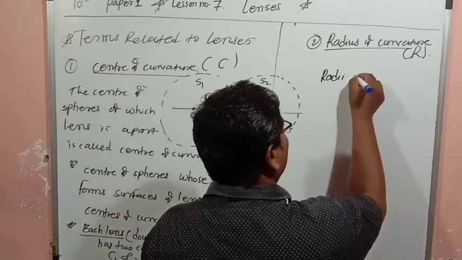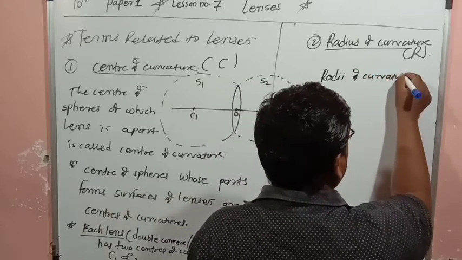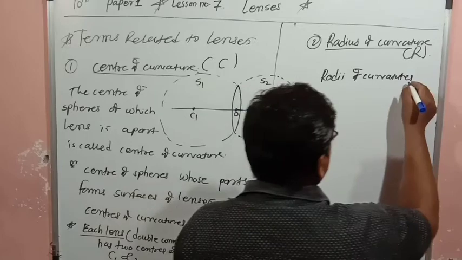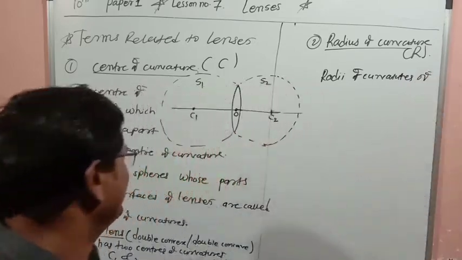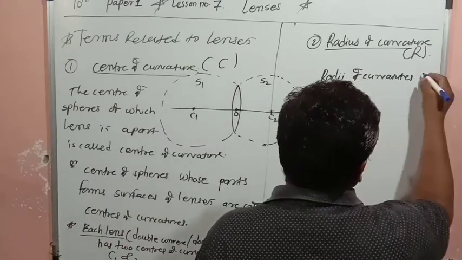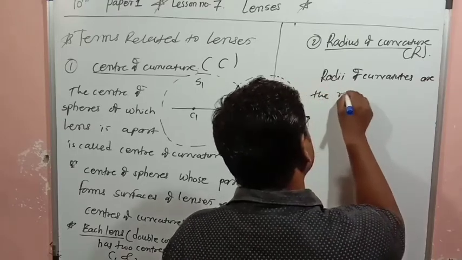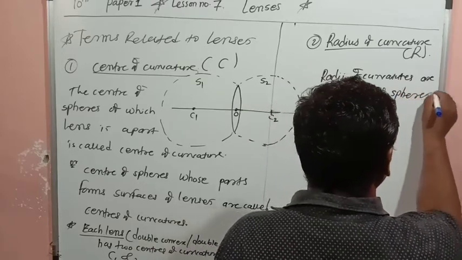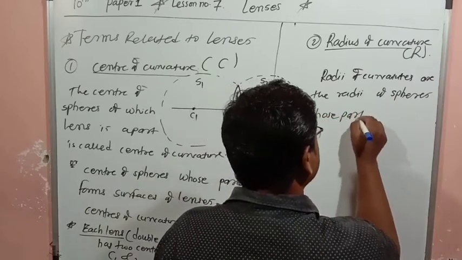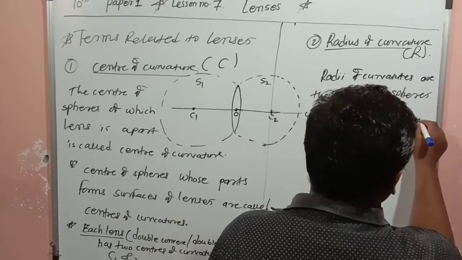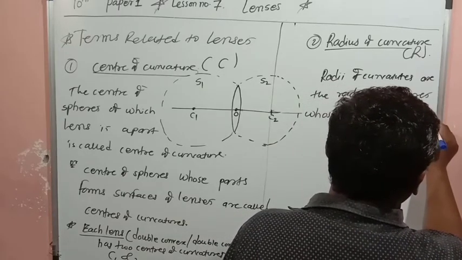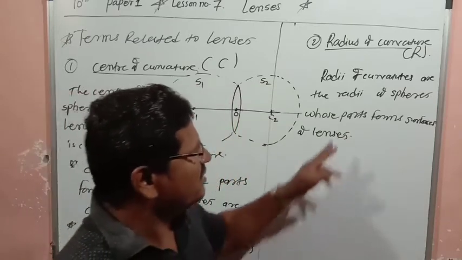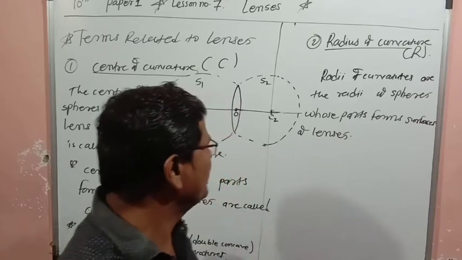Radii of curvature are the radii of the spheres whose parts form the surfaces of lenses.